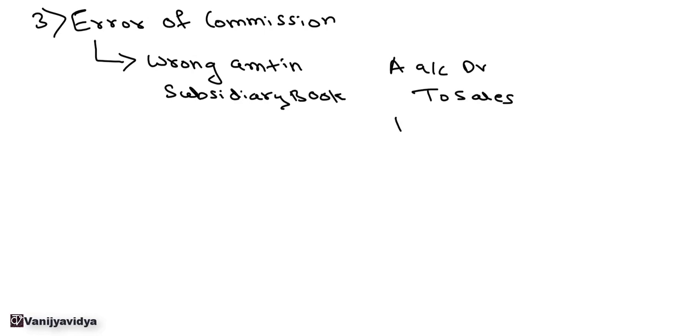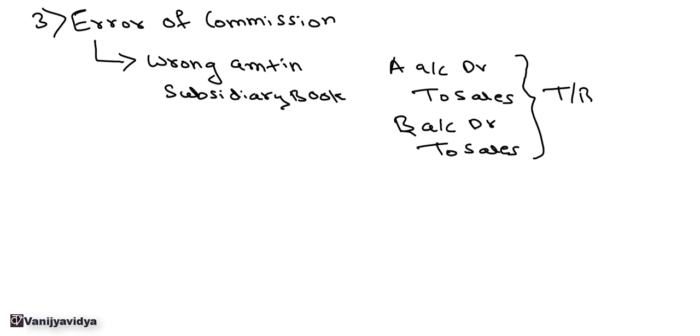So instead of A's account, B's account is debited. The entry that is passed is B's account debit to sales account. Now in this case the entry is recorded in the wrong account in the subsidiary book. So in this case the trial balance will tally.